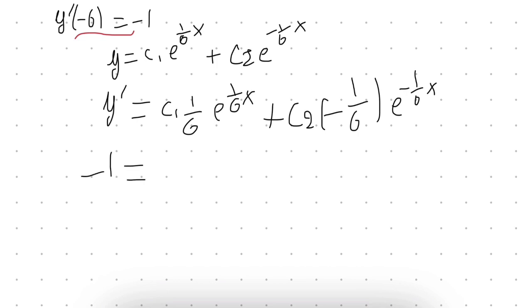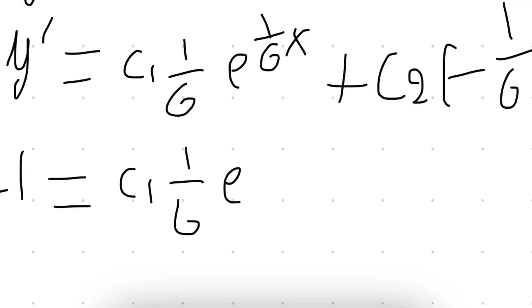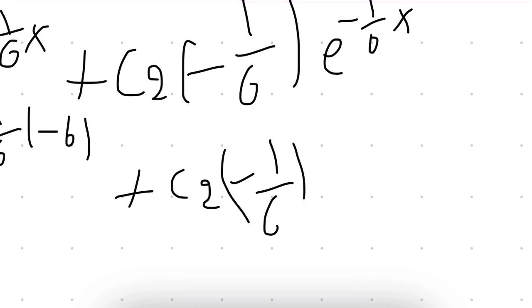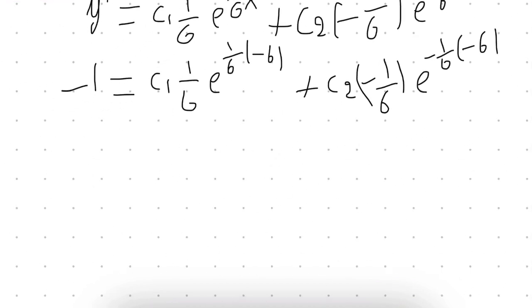Minus 1 equal C1 1 over 6 e to the, no, it's not minus, to the 1 over 6 times minus 6, plus C2 minus 1 over 6 e to the minus 1 over 6 times minus 6. Okay, it's equal minus 1.